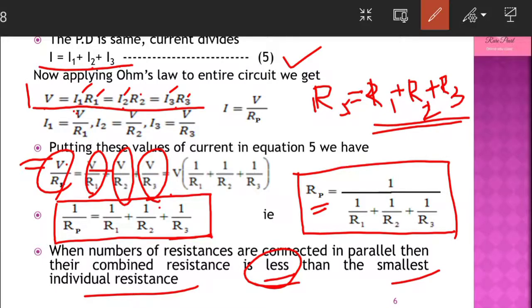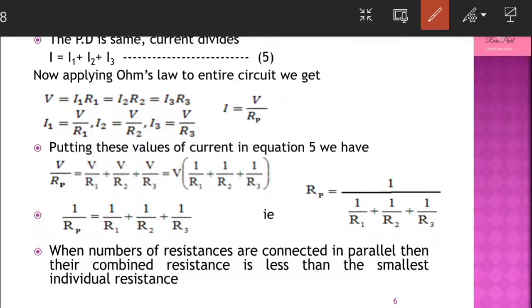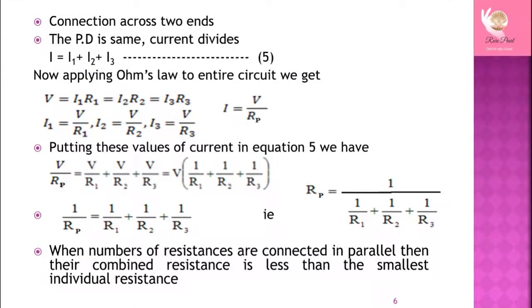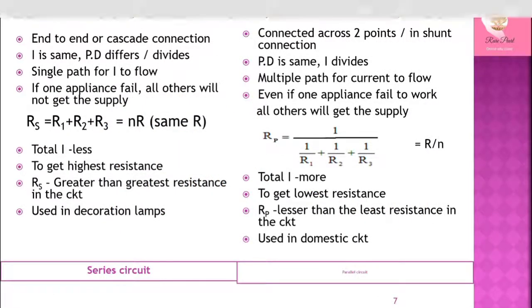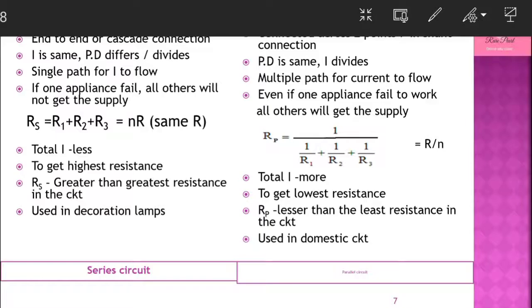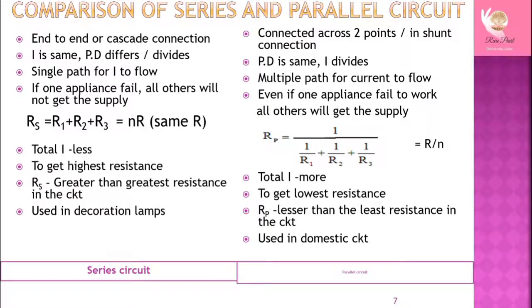Understood? Fine. So now let us continue with comparison. So let us compare the series circuit and parallel circuit. What is the series circuit called? End to end. It is actually end to end connection, right? And the other name for the series connection is cascade connection. Okay. Parallel circuit.